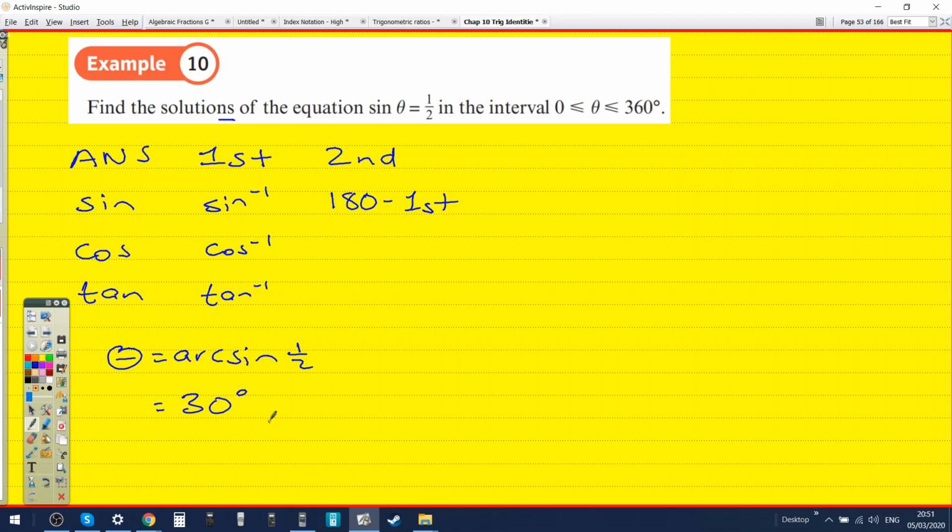Then you do 180 minus 30, which is 150, and that's in the range. That's it.